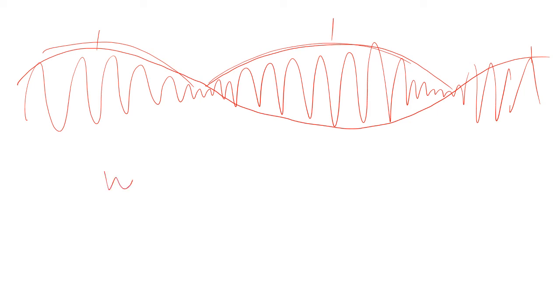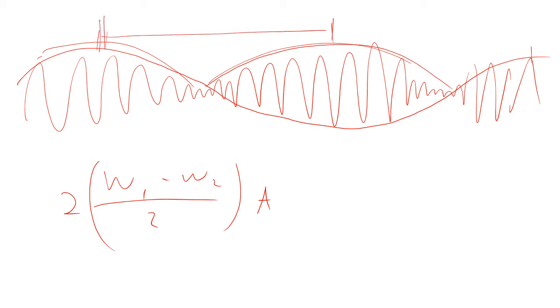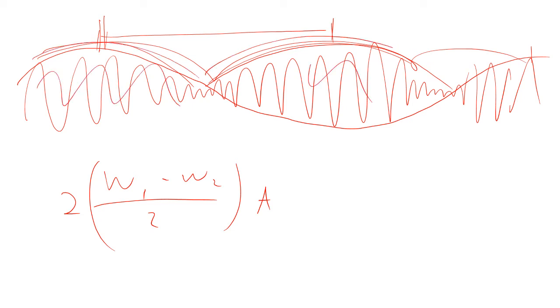So instead of hearing omega 1 minus omega 2, the difference times t, you're going to hear double that. So you'll hear the average tone, and then you'll hear also that tone. So you're going to hear two different tones. They're not necessarily going to be the original tones. And this is called beats.